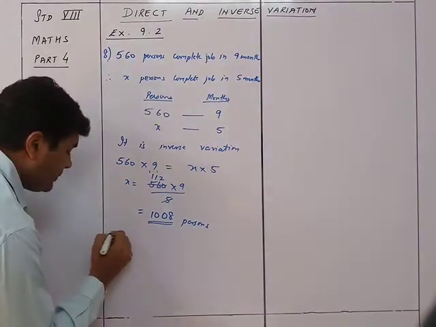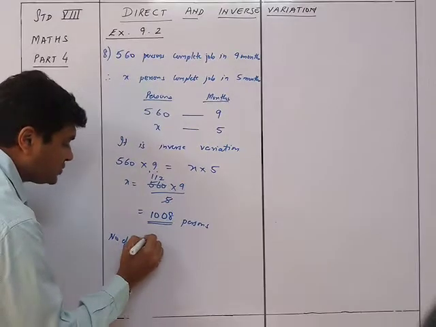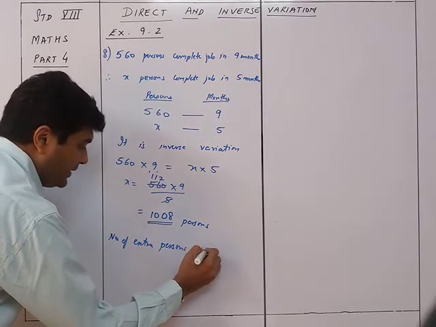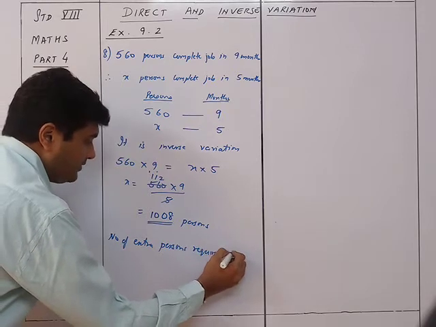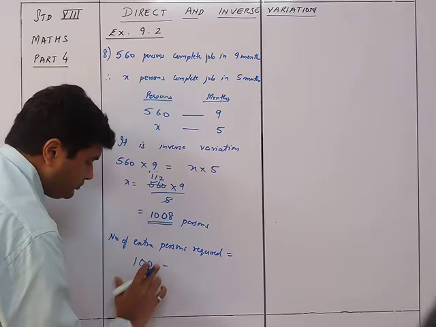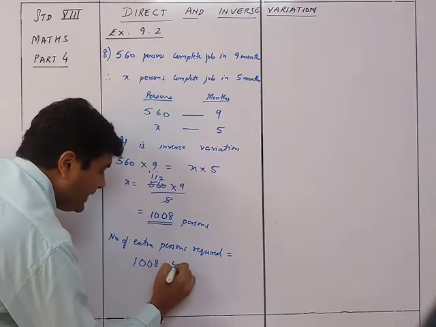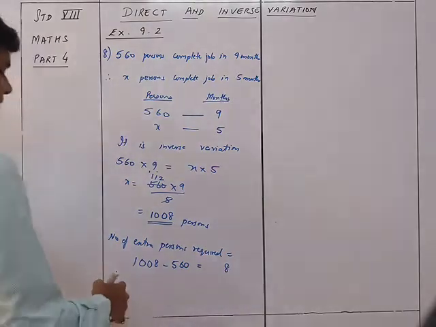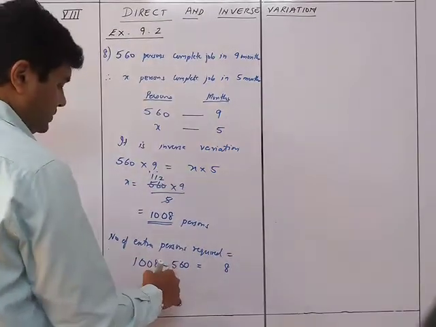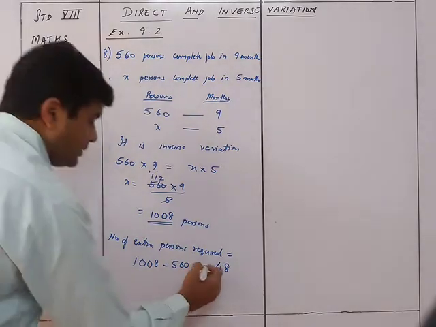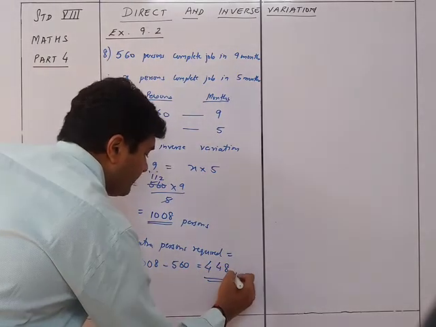So therefore, the number of extra persons required is equal to 1008 minus 560. That will be 8 and then 10 to 4 and then it will be 9. So 448 persons.